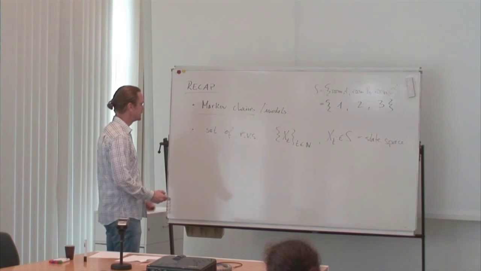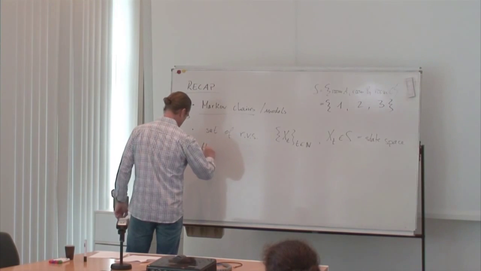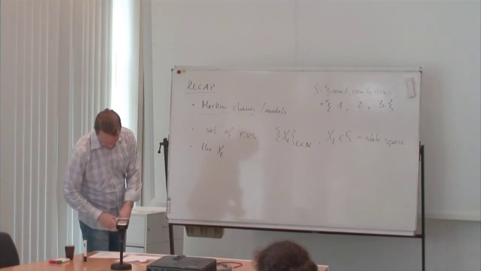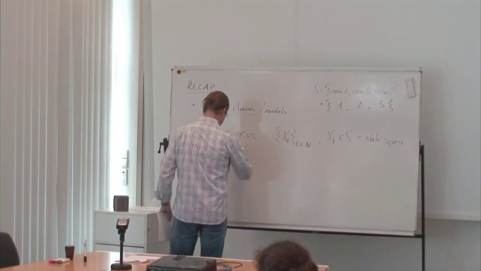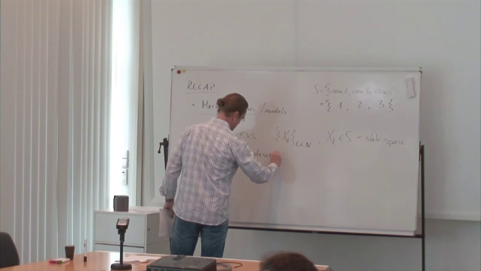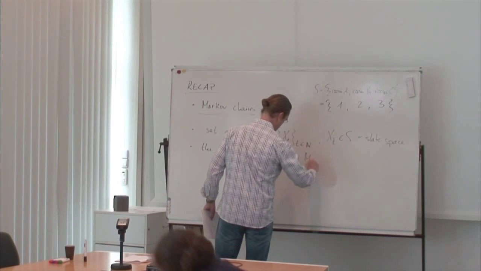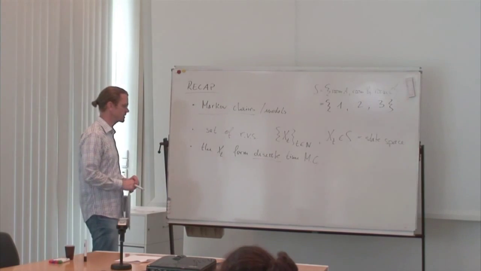Now, we then said that these random variables xt form a discrete time Markov chain. MC is a very fancy abbreviation for Markov chain.